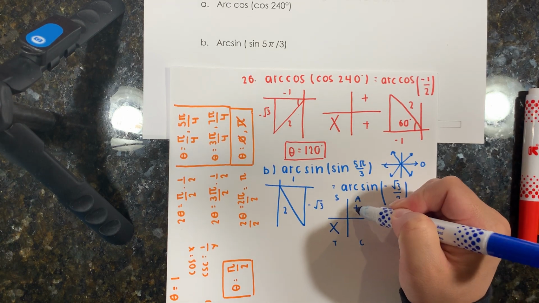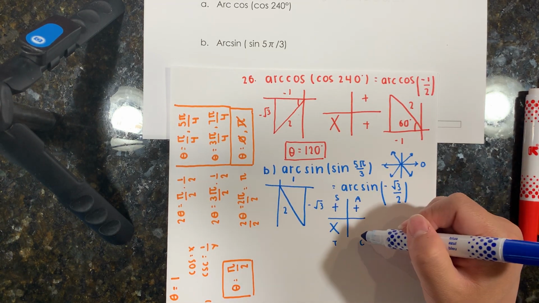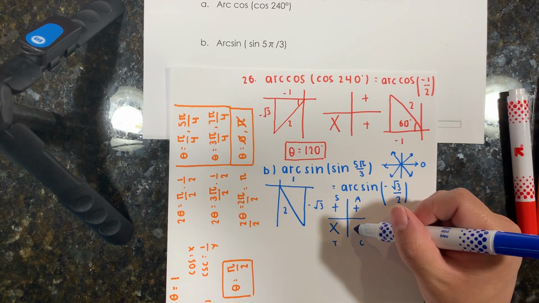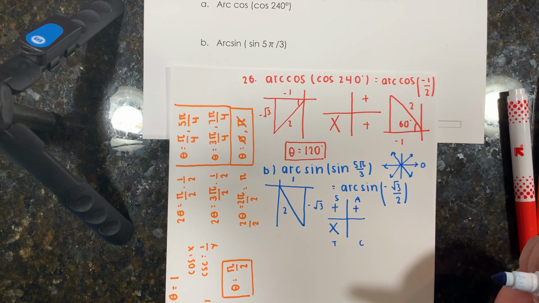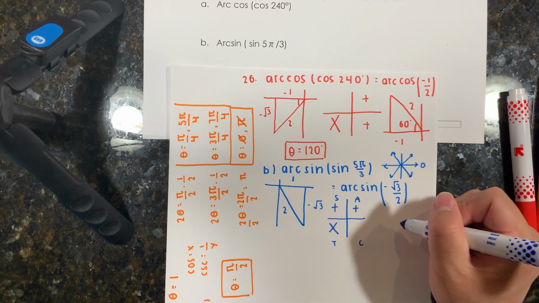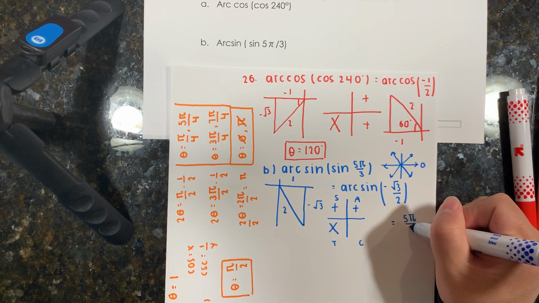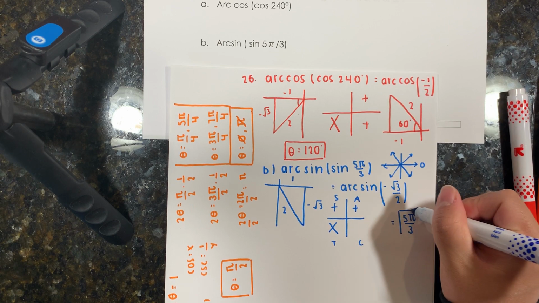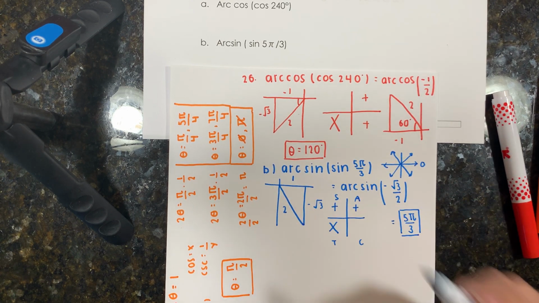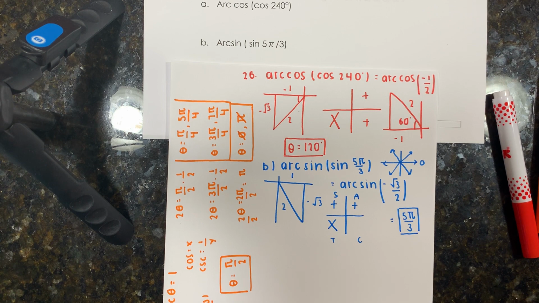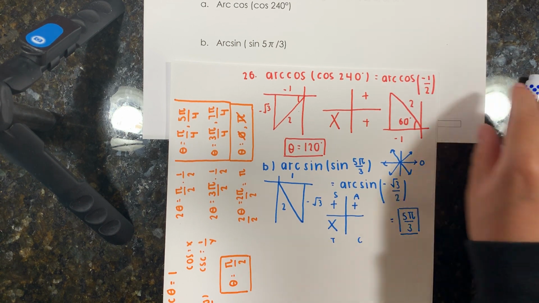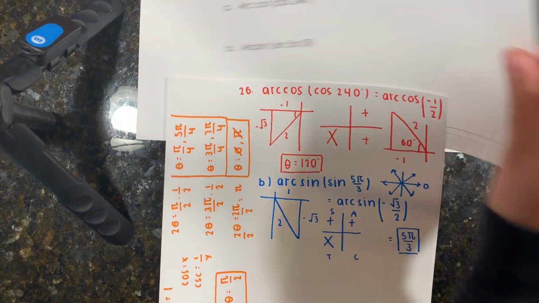Sine is actually positive in 1 and 2, which means that I can only actually draw this triangle in quadrant 4, which I've already done. So therefore, my answer is just going to be the original problem, which is 5π/3. I don't have to redraw it because I already know what it's going to look like. It's going to look exactly like that. So you kind of lucked out on number 26, part B. You have less work to do.